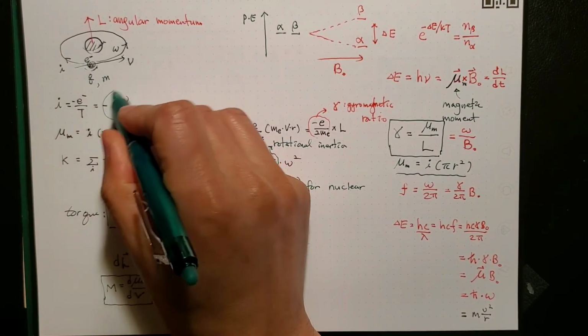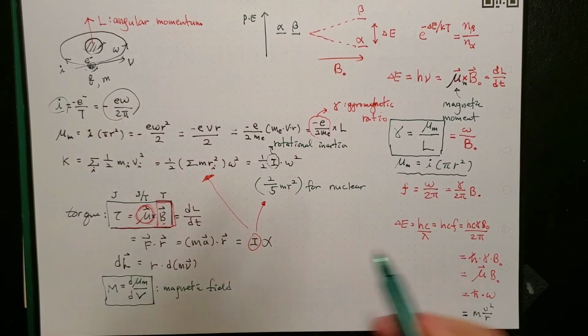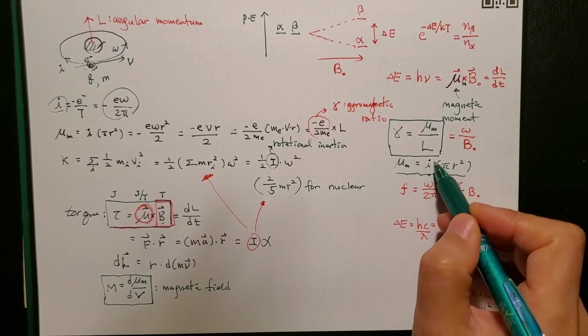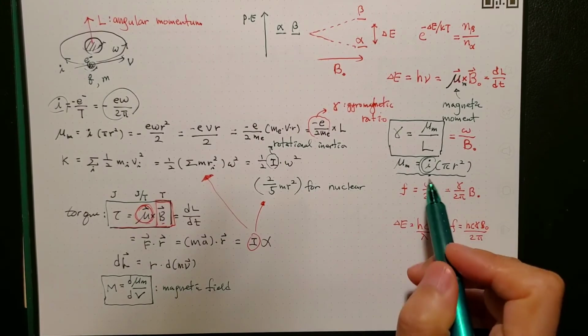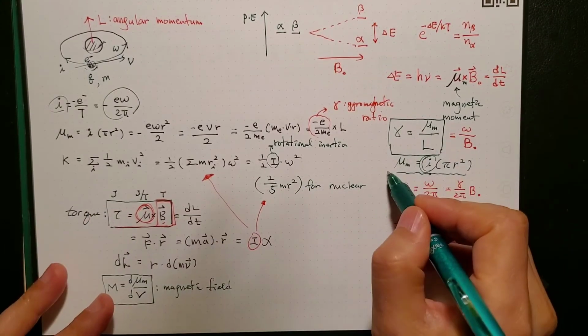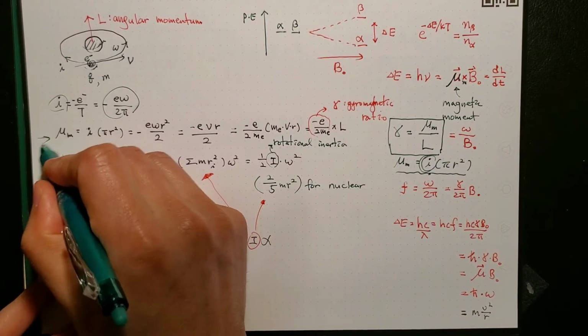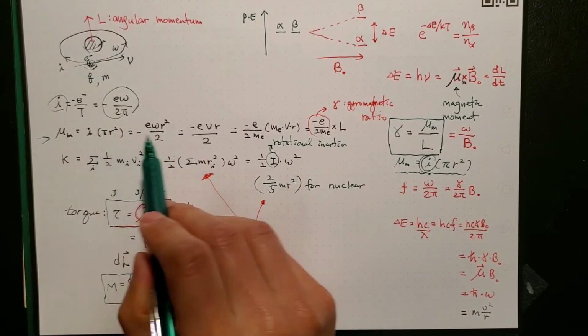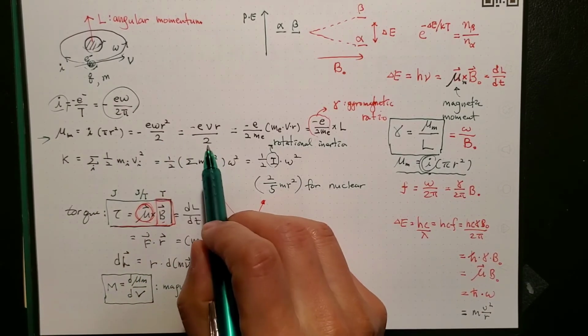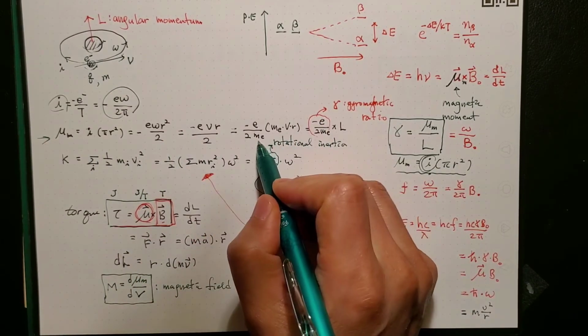So if you plug that in here, where the I is in the definition of the angular momentum, then you go here and you can derive, right? Like this.